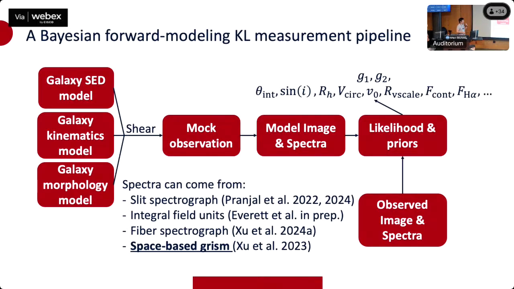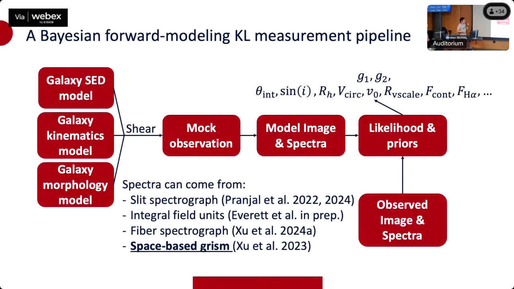Then we build a mock image and spectra and compare them to the truly observed image and spectra. We infer the posterior on not only G1, G2, but also position angle, inclination, and circular velocity, along with a long list of parameters for each single galaxy.